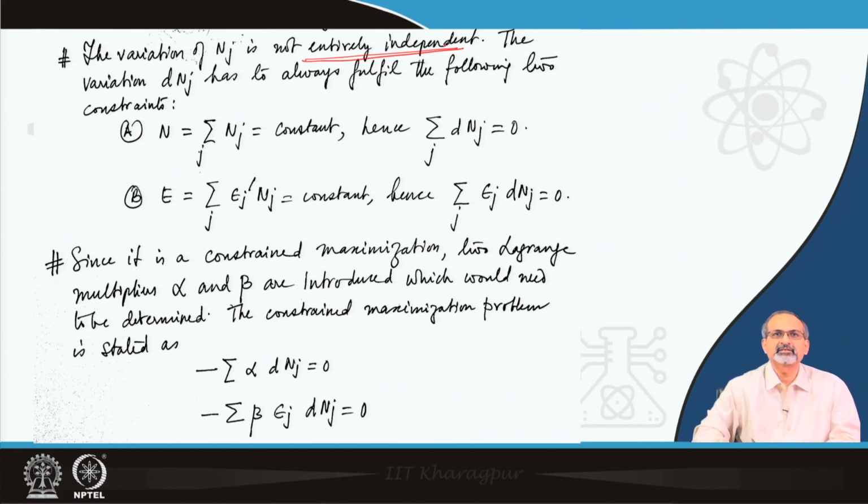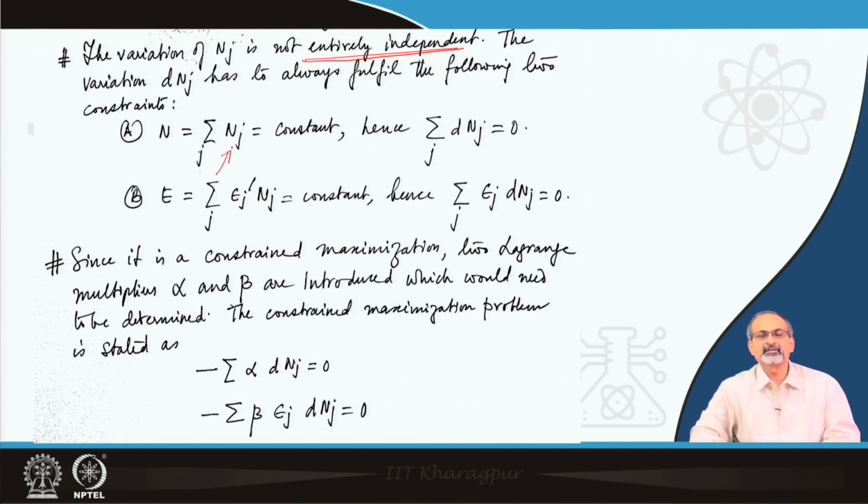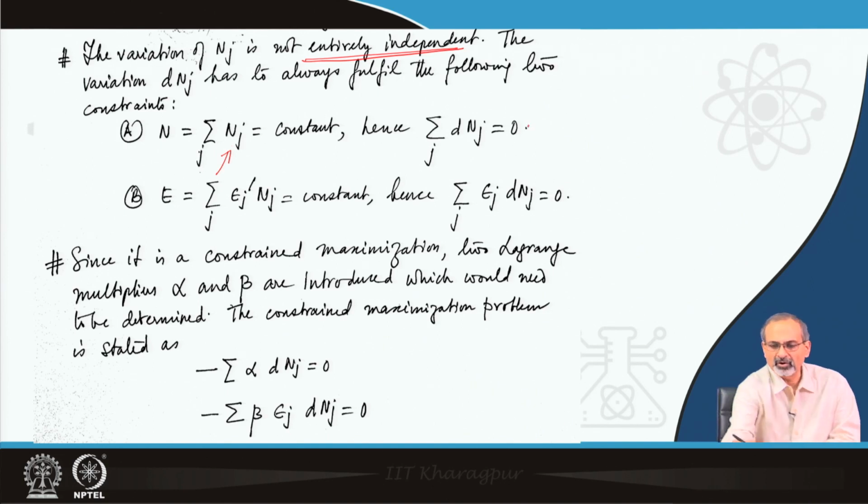One very important constraint is that the total number of molecules available in the thermodynamic system cannot change, which means sigma Nj summed over all the levels gives you the capital N, which remains constant. And therefore, if you take a differential of Nj and sum it up over all the levels, that should also go to 0.